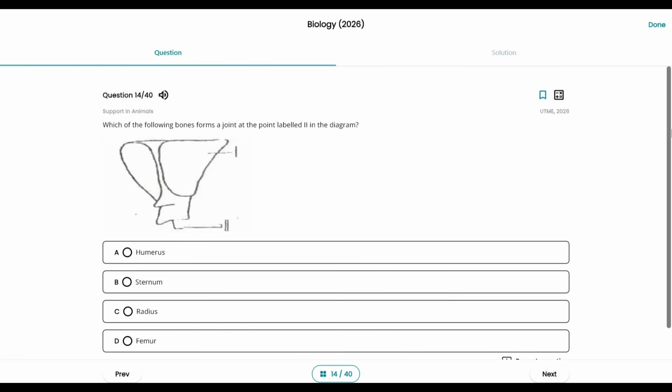Let's look at question 14. Which of the following bones forms a joint at the point labeled 2 in the diagram? So this is labeled 2 and this is the diagram. Okay guys, I'm going to give you a couple of seconds to look at the question very well and pick the correct option yourself.